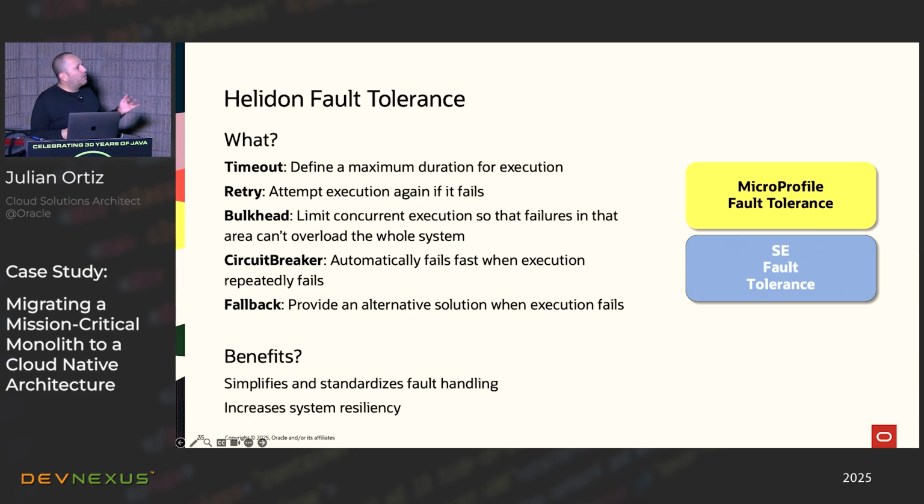It's nothing more than you applying strategies to guide the execution of your code, and based on the result, take actions. There are definitely commonly used popular patterns or concepts like timeout, retry, bulkhead, circuit breakers, and you can use a mix and match of those.